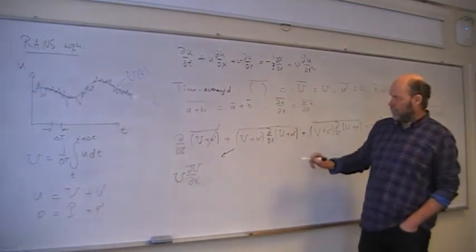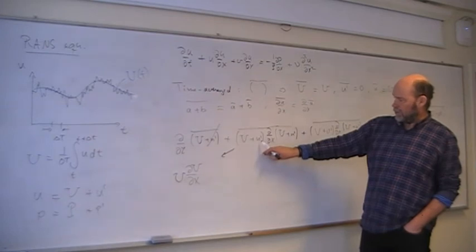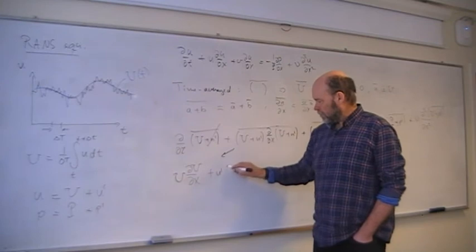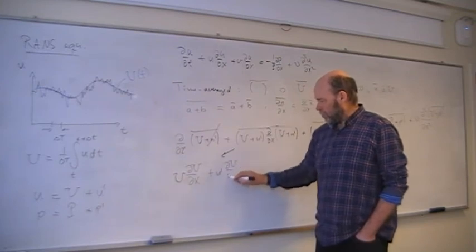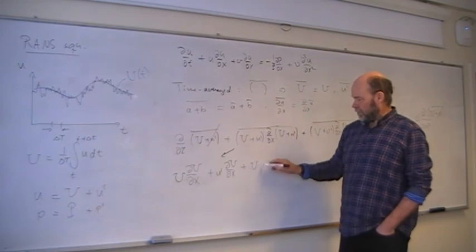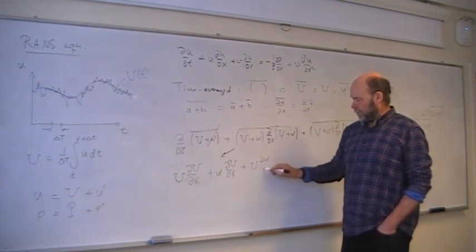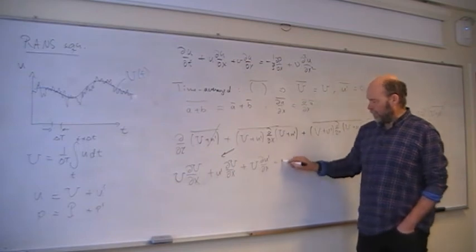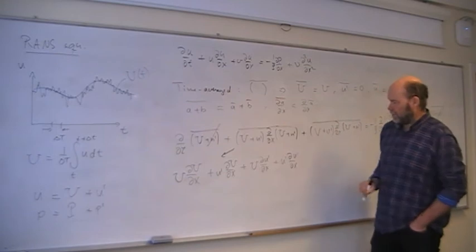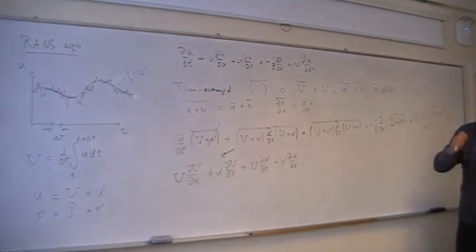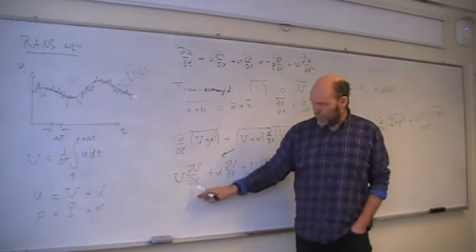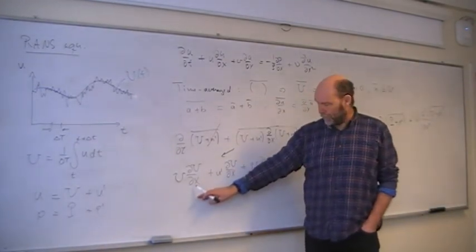And then you will have this one multiplied with dU/dx, and then the other one, U fluct dU/dx, and finally U fluct dU fluct/dx. And then take a time average. Well, the first term here will survive. That's the one we want anyway, so that's okay.